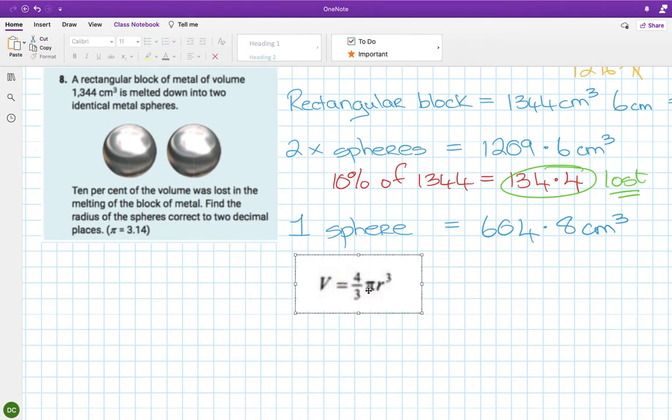Okay, so I have 4 over 3 pi r cubed, which is the volume of a sphere, is 604.8. The question is find the radius, which means this is what I'm trying to find.